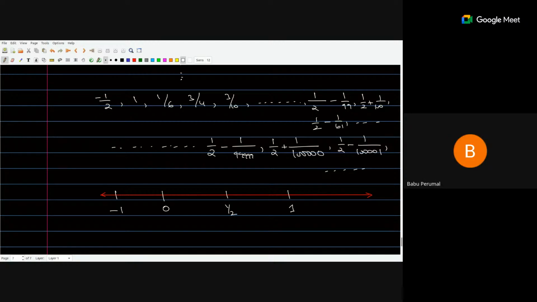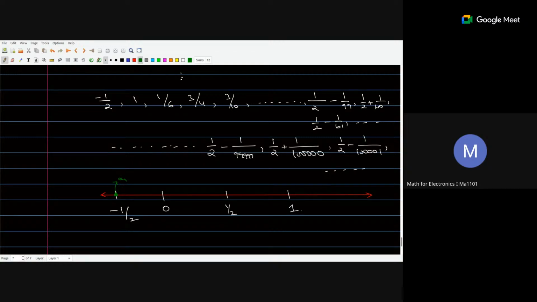And this is 1. Okay. So this is minus half. So something like this. So where was our a1 started? It started here. So this is a1. The first term started here.